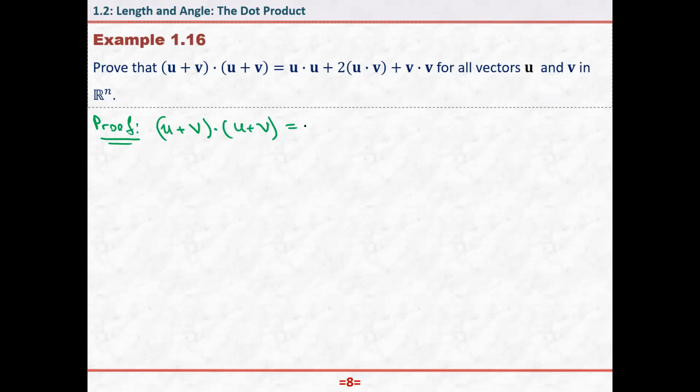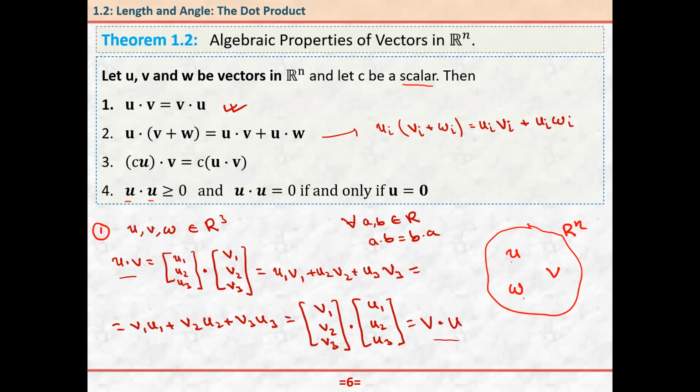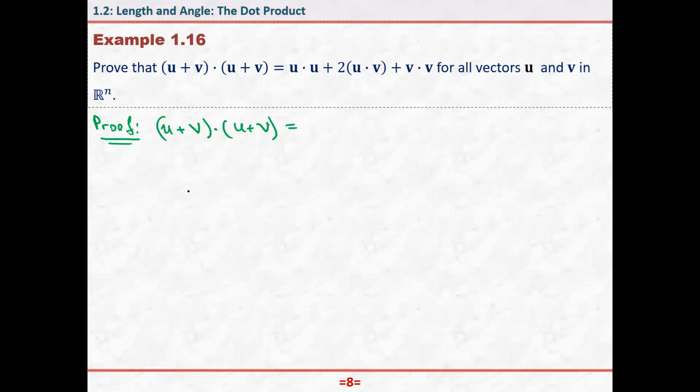That is equal to, one by one, I can take u plus v as a single vector and use the associative property, which distributes times this, plus times this. Assume that it is a single vector, let's say w.